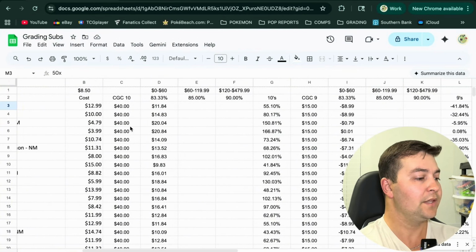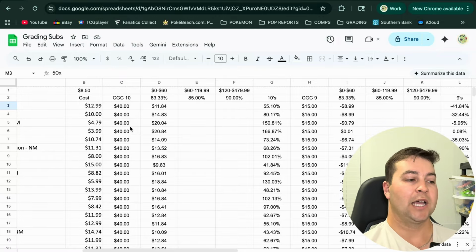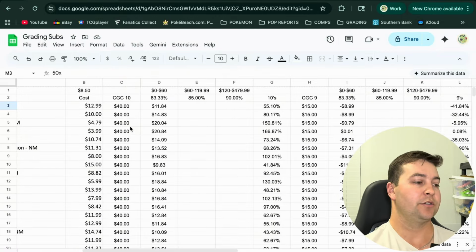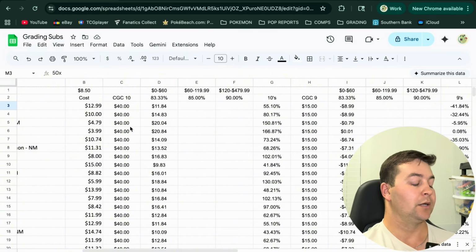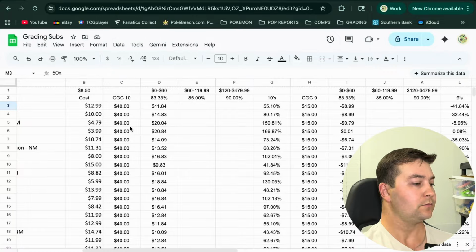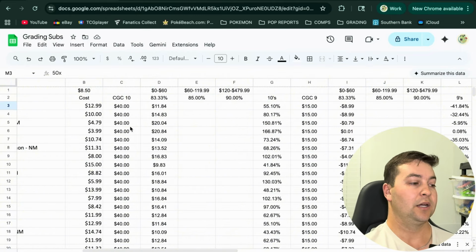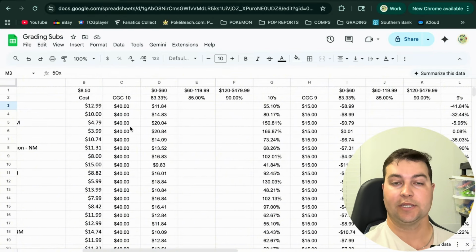So in this example, this is just kind of averages of how I hope things might play out. And I also try to be conservative with some of my numbers too. In this example, I just assumed that every card would get a $40 premium for a CGC 10.